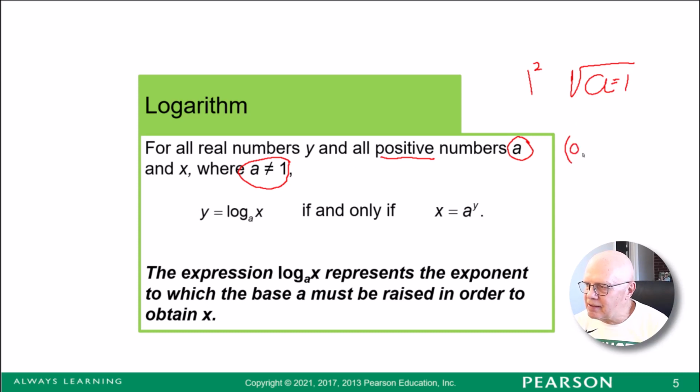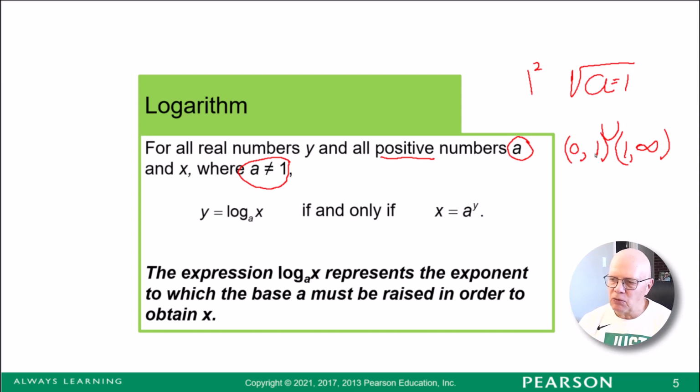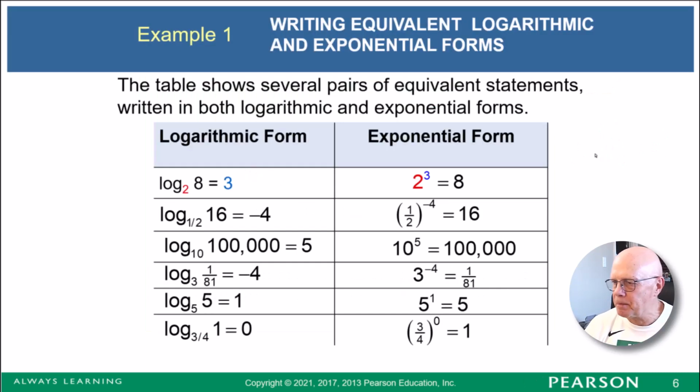You have 0 to 1, not including 1, and then 1 to infinity. And it's the union of those two. You got this too. Now, depending on which area your base is from, you get a different looking logarithmic function or exponential function. We'll get back to that again.